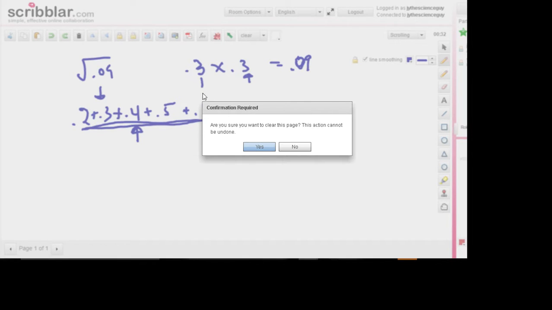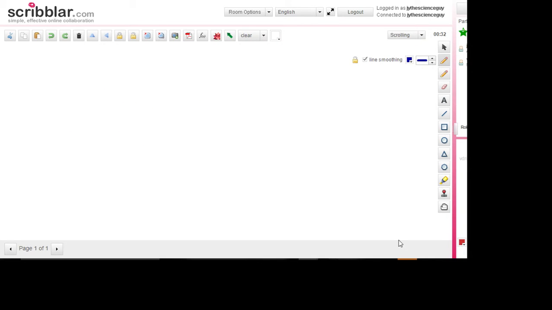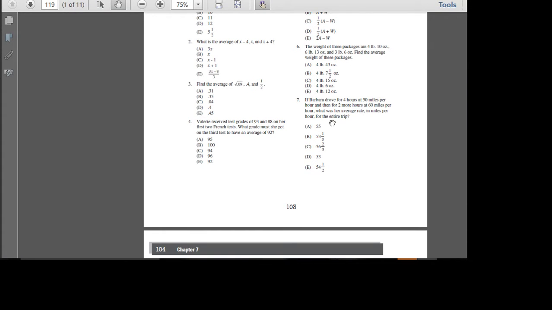The next one. Valerie received test grades of 93 and 88 on her first 2 French tests. What grade must she get on the 3rd test to have an average of 92? Have you ever done that before? A question like that, like in real life?